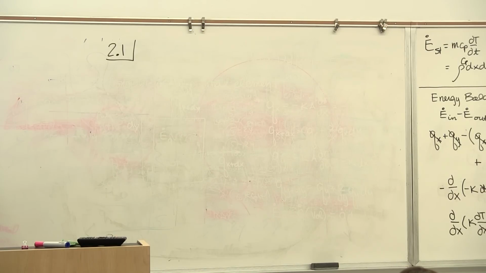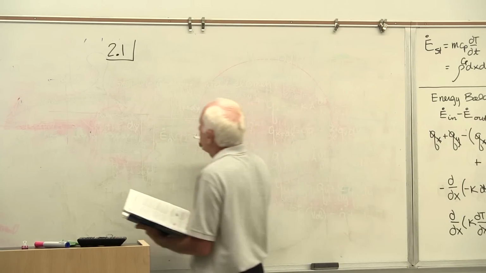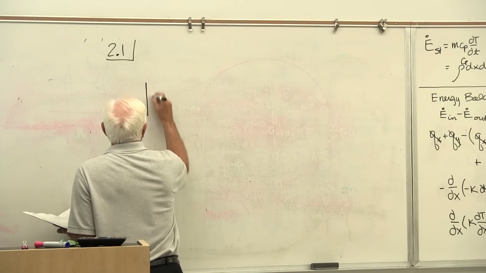Problem 2.1 is very similar to your homework problems 2.2 and 2.3, so I'm going to go through 2.1 to give you some major hints on how to work that. Let me read it first. There's a picture given in the textbook. It says we have heat conduction through an axisymmetric shape. It looks like this.